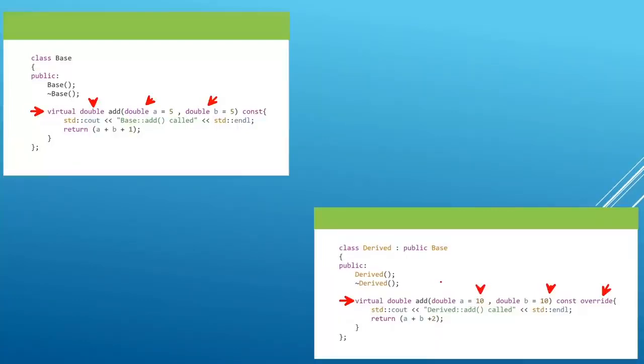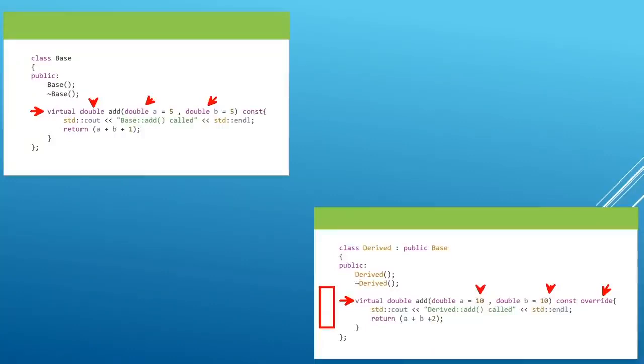Now, please note that with polymorphism, if we go through a base pointer to manage a derived class object, what we want is to call the most specific implementation of the virtual function here. For example, if we have a base pointer managing a derived object, and we call the add method from a base pointer, we will get the most specific method here called.